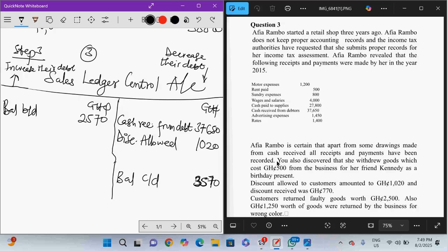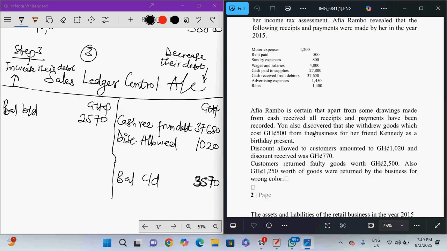What else? Discount received would be for the purchases ledger. Customers returned goods worth 2,500. Also, 1,250 worth of goods were returned by the business for wrong color. So the goods returned by customers are returns inward. When customers return goods, does it increase or decrease their debt?